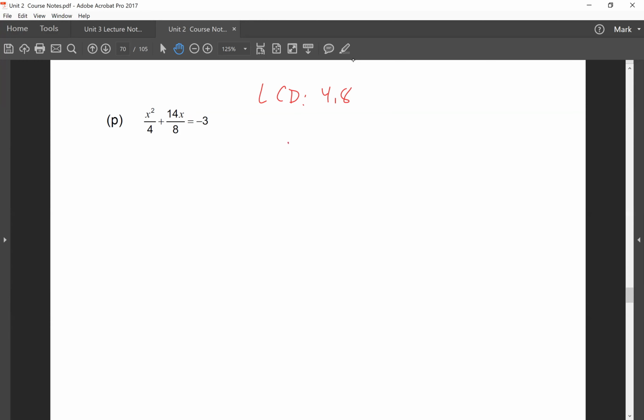Just a little review: 4 times 1, 4 times 2, 4 times 3, and I can keep going, and then we have 8, 16, 24. The lowest common multiple here will be 8. So that's where I get the 8. So I'm going to multiply everything by 8.